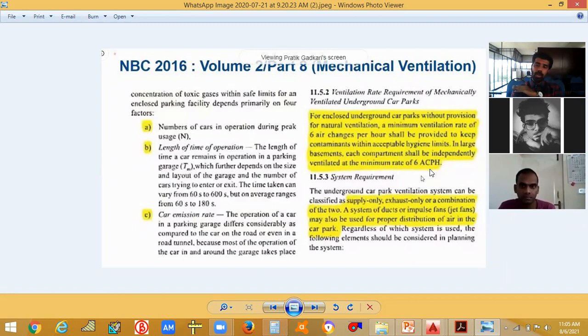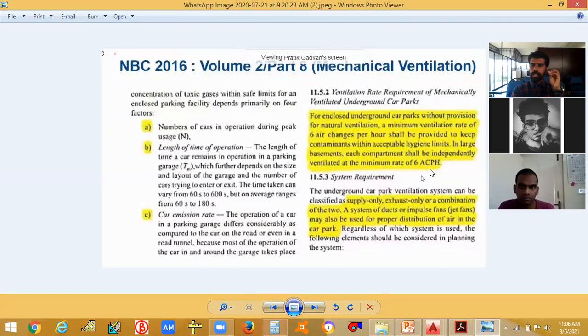But when it comes to a larger car parking area, you have to divide it into compartments. When dividing, it will specify that this much square meters should be one area and this much the other compartment. So if it is a very large basement area, you have to divide it into compartments, ventilate each compartment, and give a minimum of 6 air changes per hour in each.